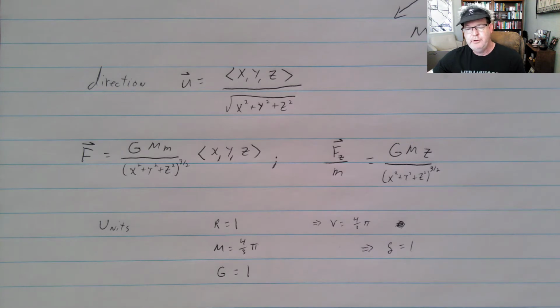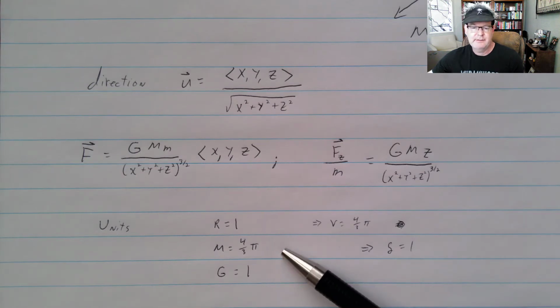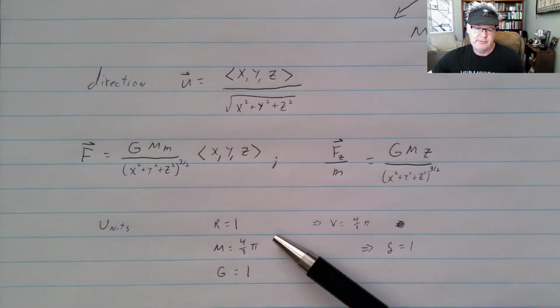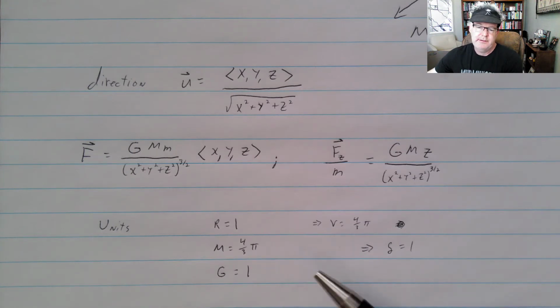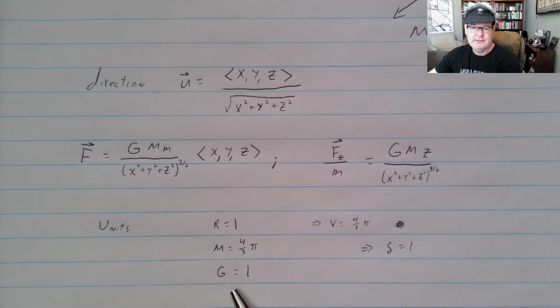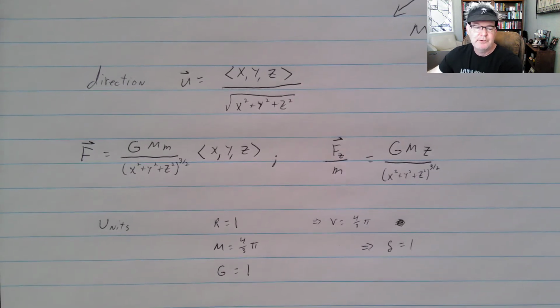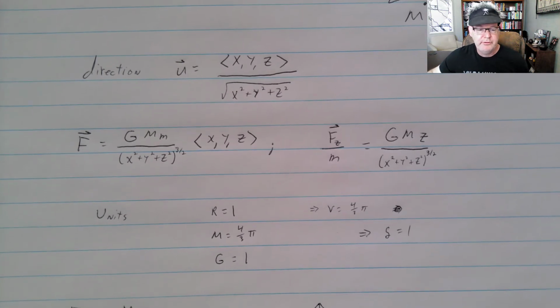And then we'll use units of mass so that we'll call the entire mass 4/3 pi. So we'll choose the units of distance and mass to be that. This would mean the density is 1. And then we can choose units of time so that G, the gravitational constant, is 1. If we do that, calculations will be easier.